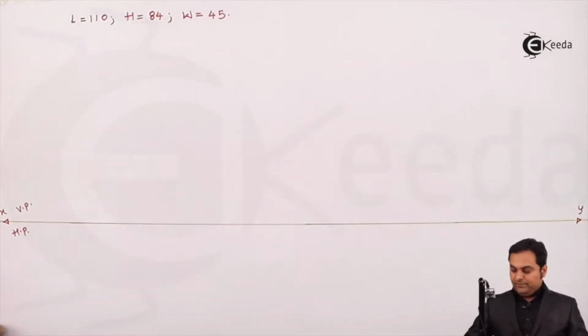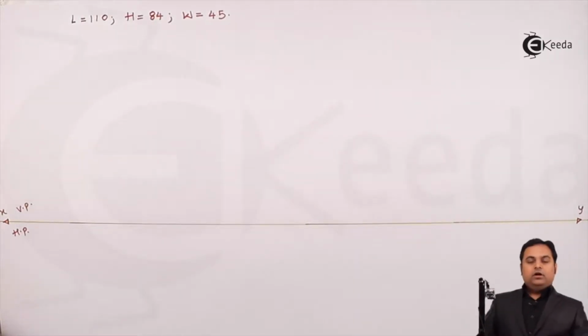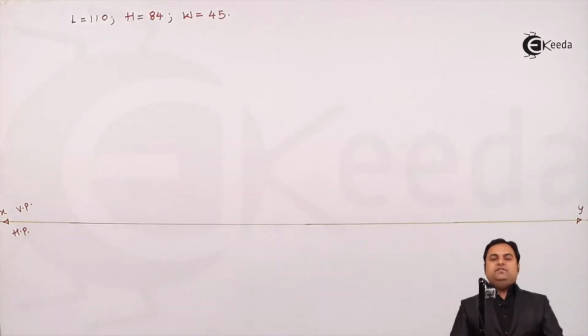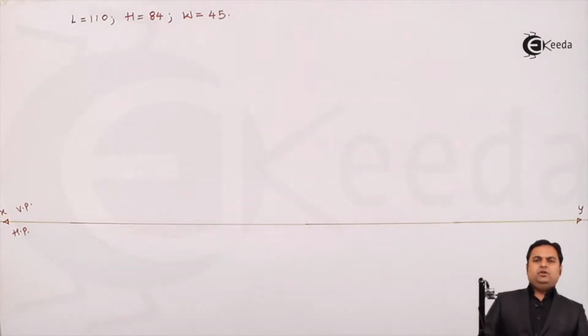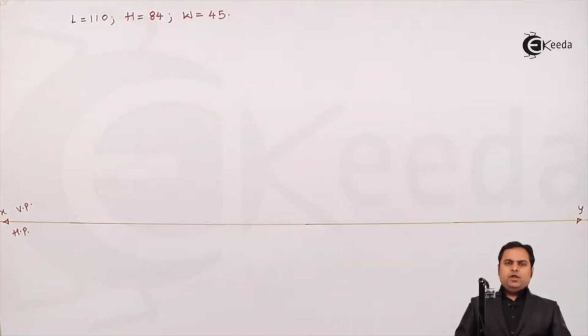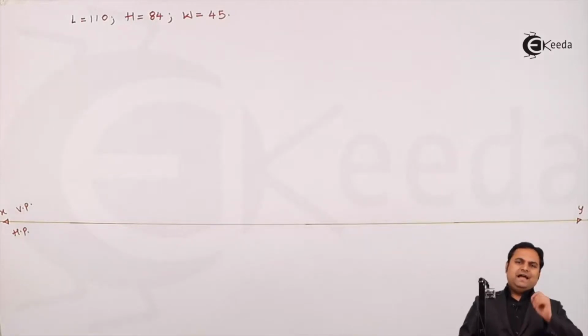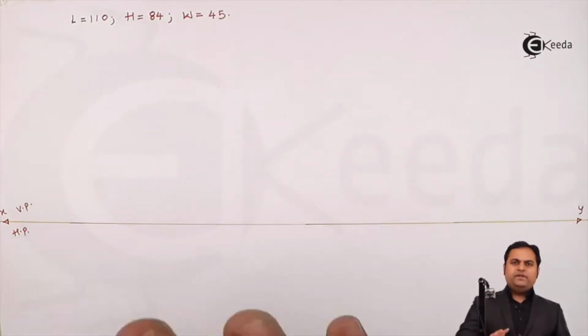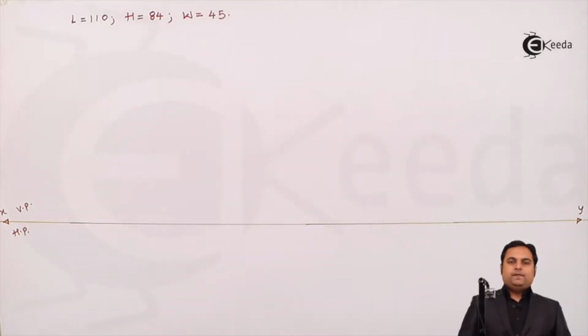XY line, then VP, HP. Now, as the method is not mentioned in the question, that is either we have to use first angle or third angle method of projection. So if nothing is mentioned, we have to always go by first angle method of projection, and in that we have to draw the front view in VP, top view in HP.